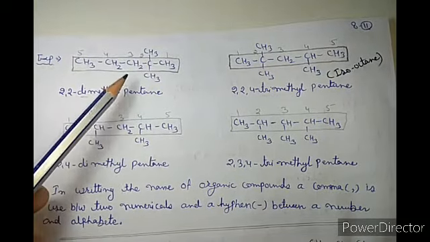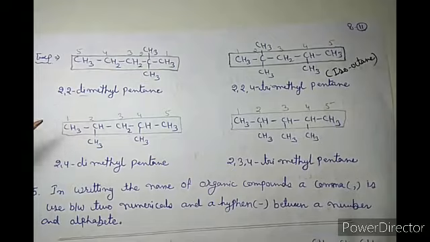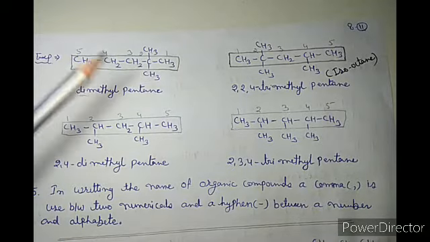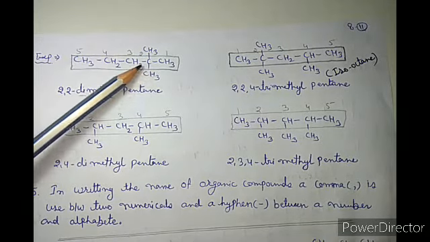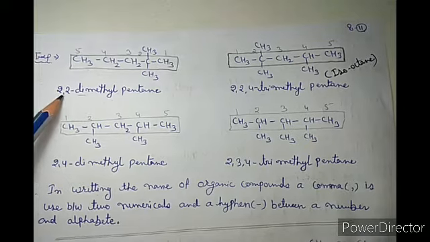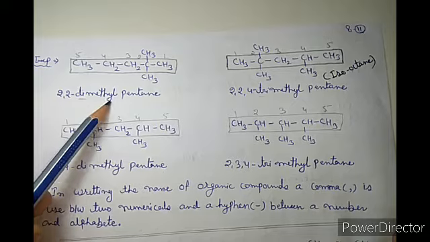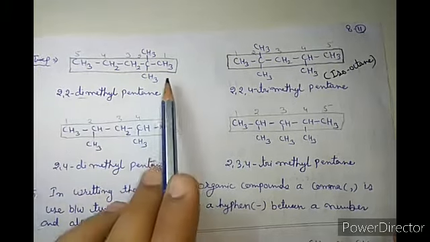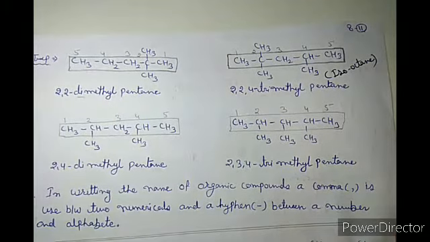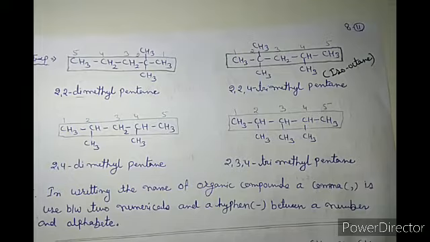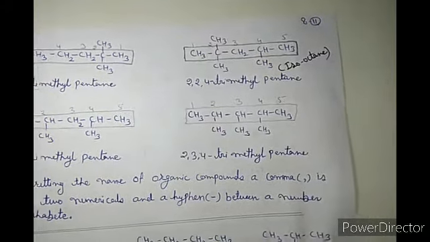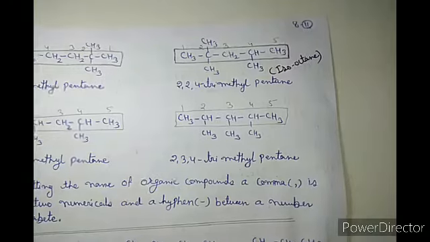Now we also have to indicate where they are attached. Both methyls are attached on the second carbon, so the name becomes 2,2-dimethyl. The main chain is 5 carbon, so pent, single bond, ane, so the name becomes 2,2-dimethylpentane. Got it?